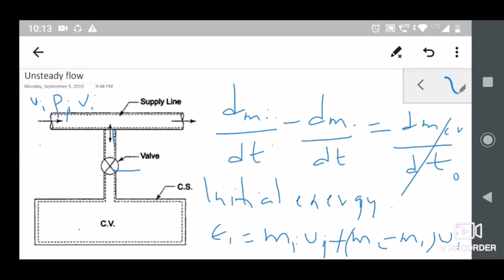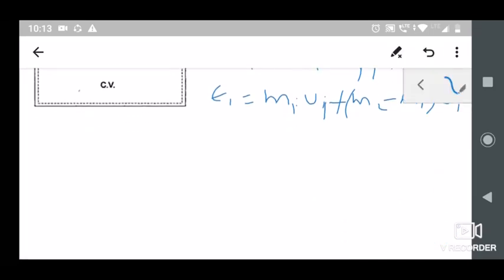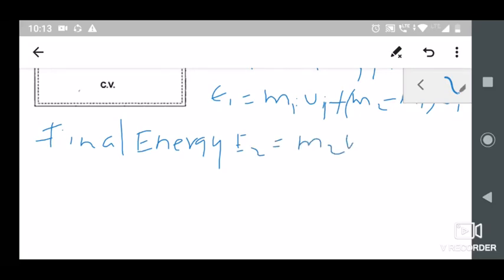So this is your initial energy. Next, after this, we'll calculate the final energy. Final energy is m2 u2.